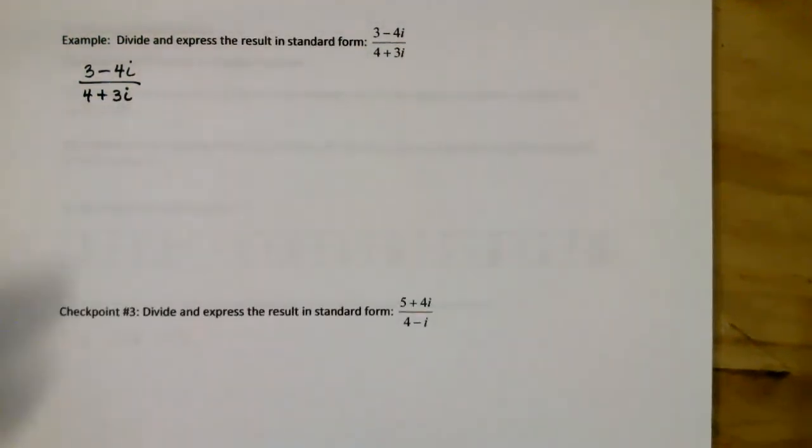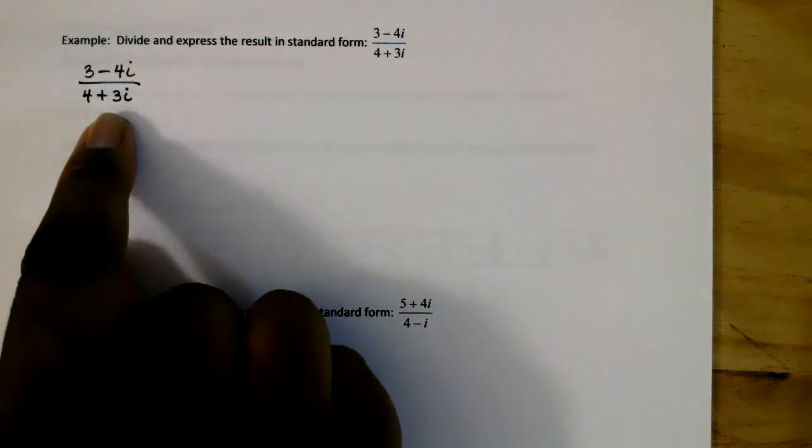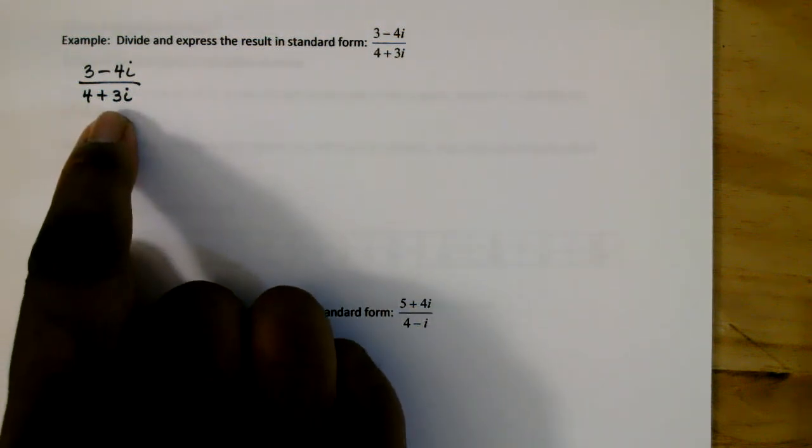And I'll go ahead and write this out. 3 minus 4i divided by 4 plus 3i. All right. Now let's look at our denominator in this case here. 4 plus 3i. We need the conjugate of 4 plus 3i.